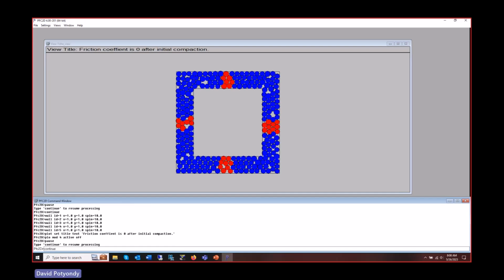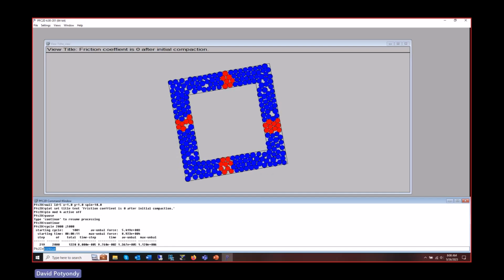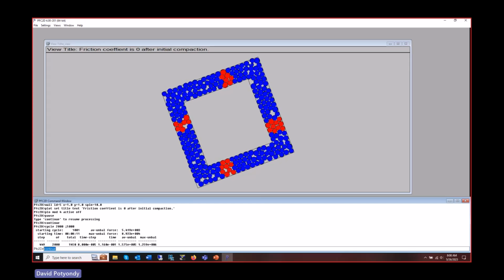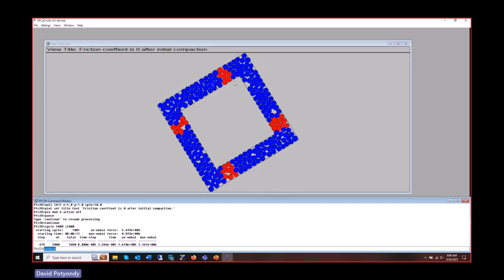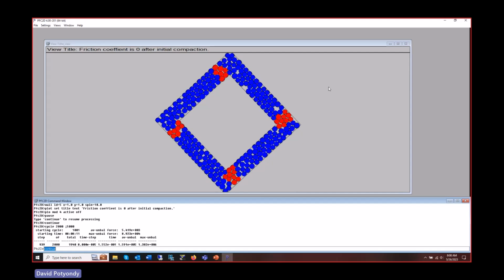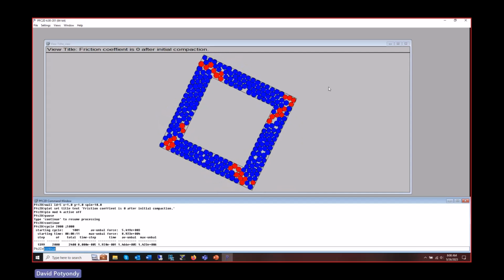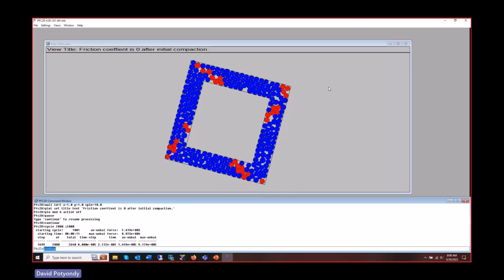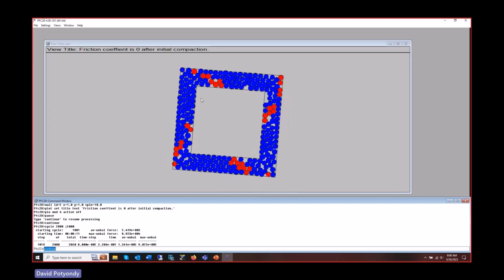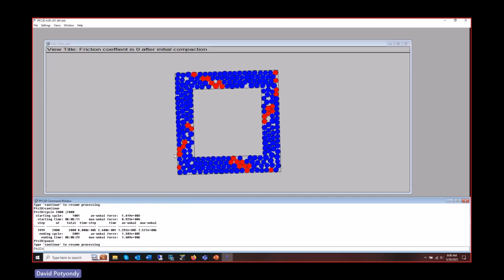Here we go. Wow, look at that. Look at it flowing. Watch this area. Watch the red guys as they get perturbed as this thing flows around the corner. Frictionless, but they're still interested because they've got these weird corners here, right?